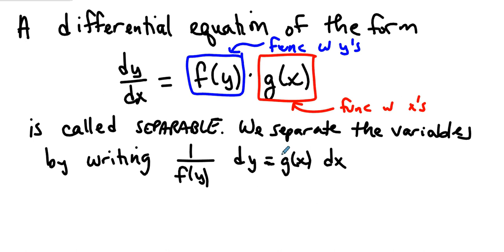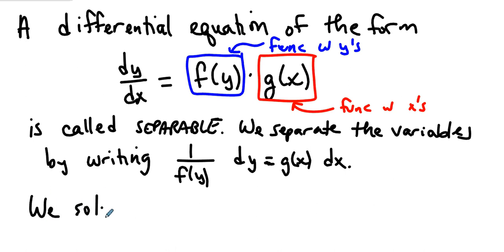This is not actually what's going on here, but you can sort of imagine what's going on up here. The dx and the f of y, and in that way we get all the y stuff to one side, all the x stuff to the other side. That is not exactly what's happening here. There are more sophisticated mathematical processes going on, but this does accomplish the separation.